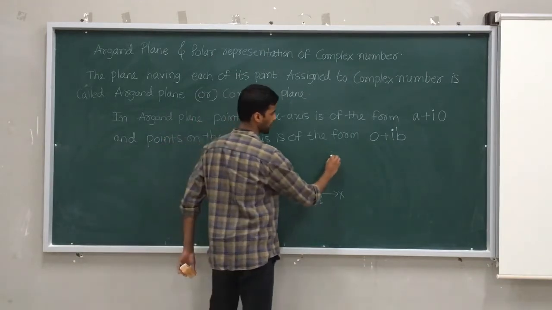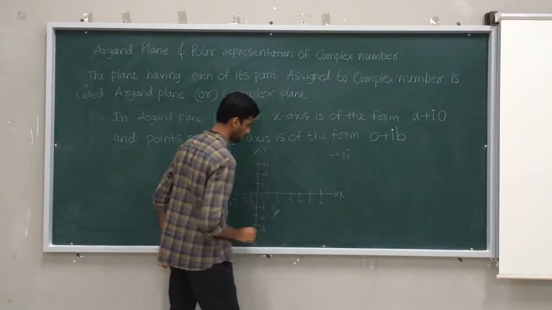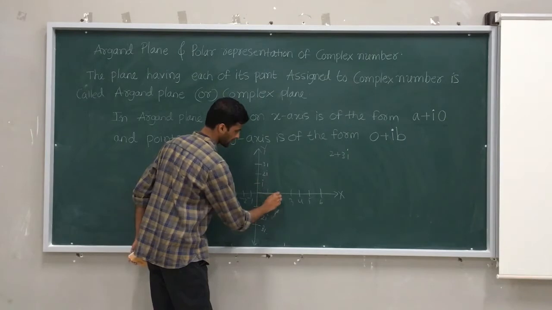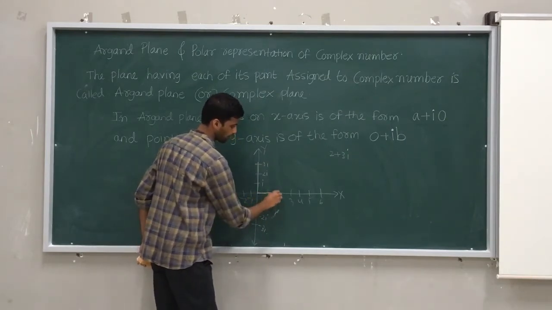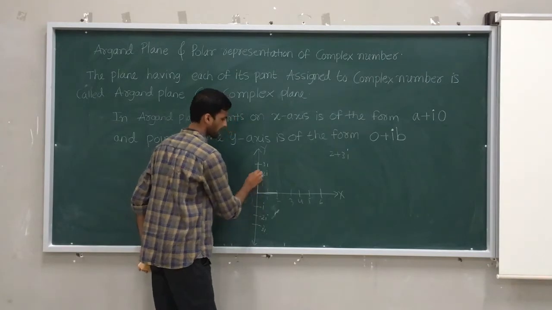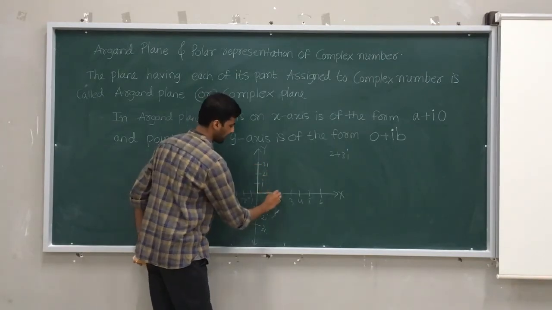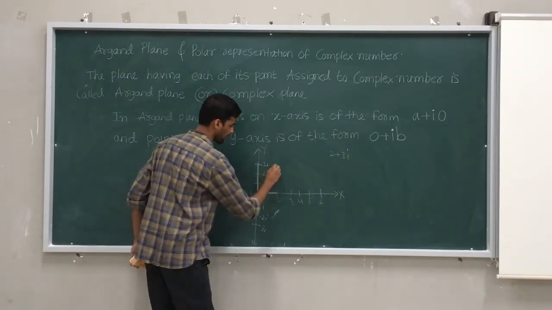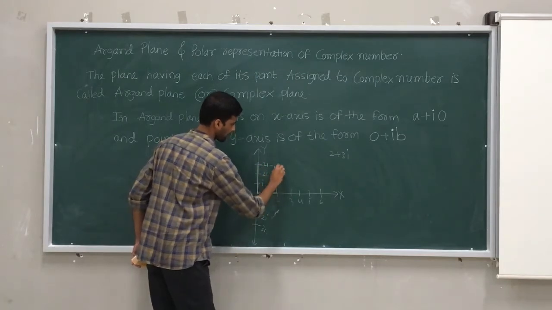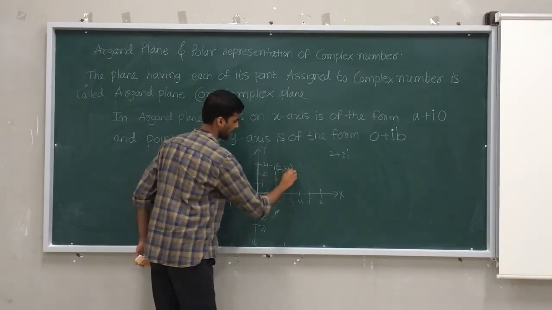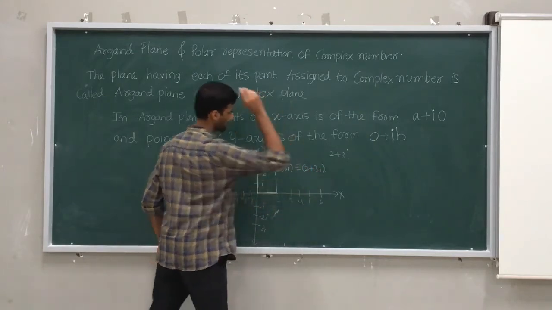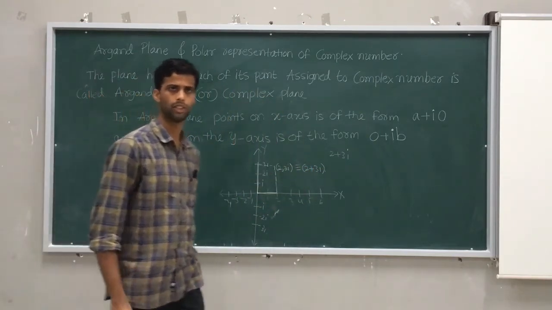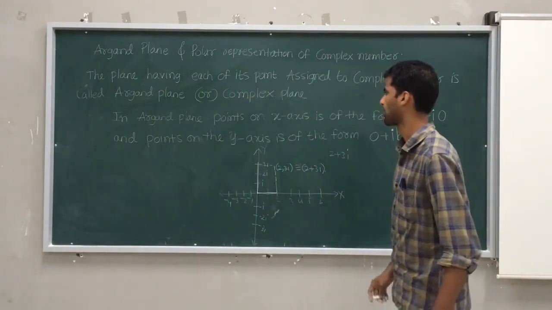If I want to notate 2 plus 3i on the Argand plane, take 2 units on the x-axis, and 3 units on the y-axis. So move 2 units on the x-axis, rise 3 units on the y-axis. If you join these two by a dotted line, it becomes 2 comma 3, or you can write it as 2 plus 3i. Understood? This is the thing which matters a lot.